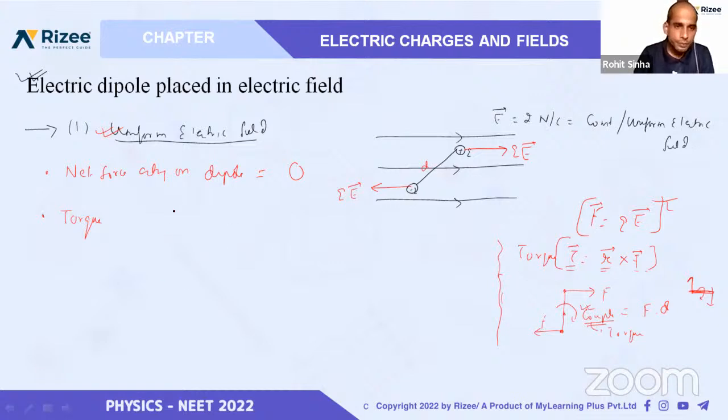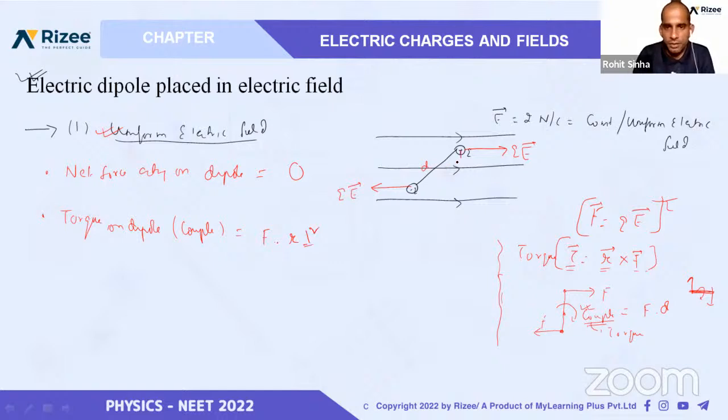Okay, now when we are discussing torque on a dipole, what will we write? It is also called a couple, since equal and opposite forces are acting, so we name this torque a couple, and we say that it is equal to force into the perpendicular distance between the forces.